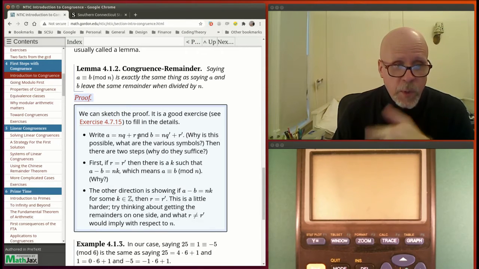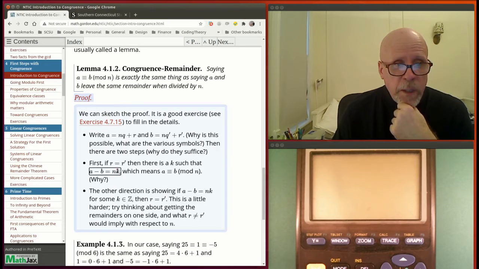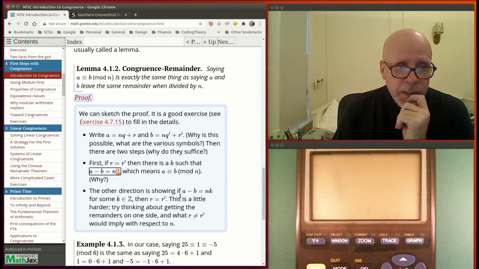So if we form a minus b, you'll get nq minus nq prime. So what's this k they refer to here? It's q minus q prime. Okay, so that direction is pretty straightforward. It's the other direction that I think is a little bit tougher. He even says this is a little harder.